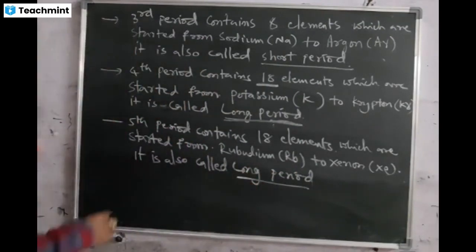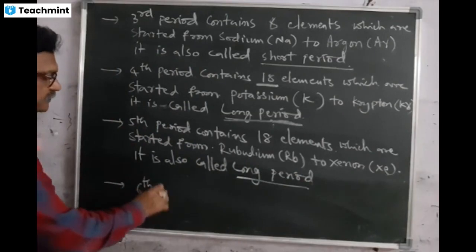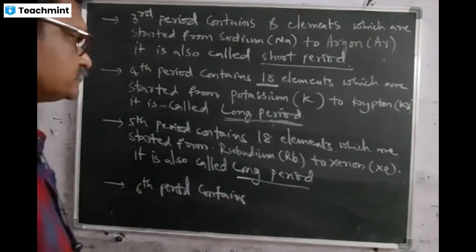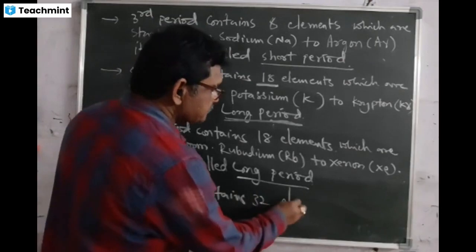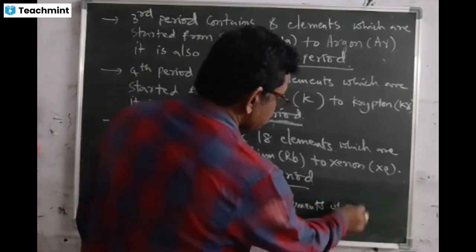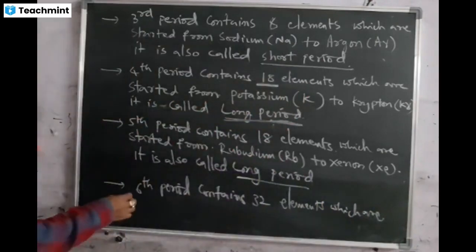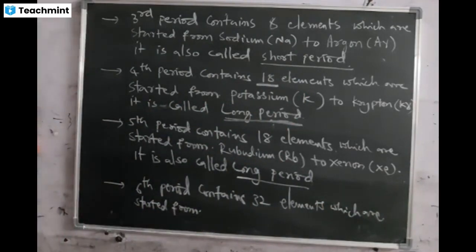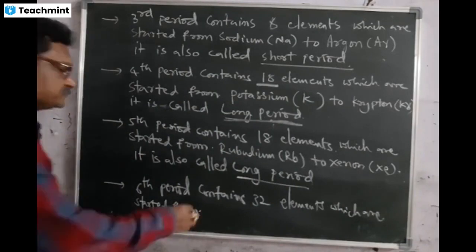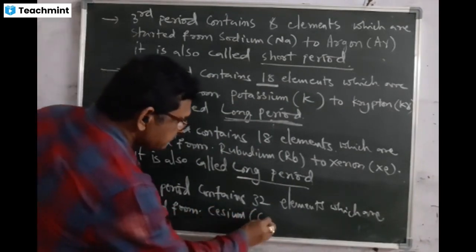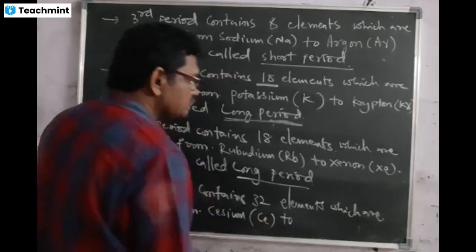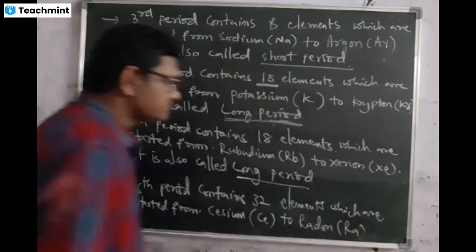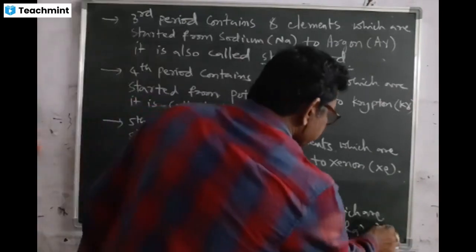Then the sixth period contains 32 elements, which start from cesium, Cs, to radon, Rn.